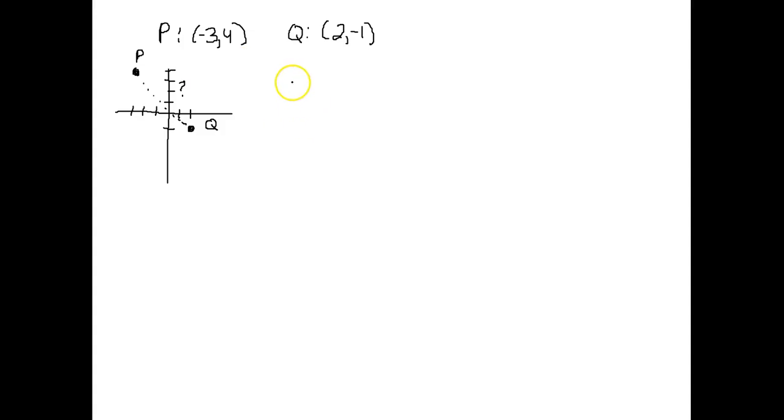All right, so distance formula. Just pick one of the points to be your x1, y1. Pick the other point to be your x2, y2. Doesn't matter which one's which.